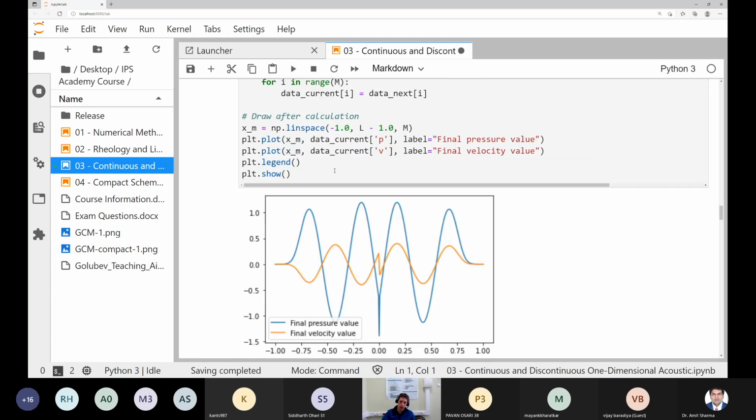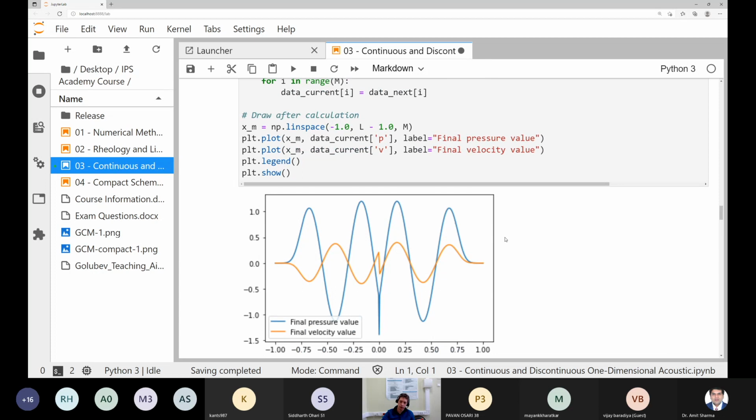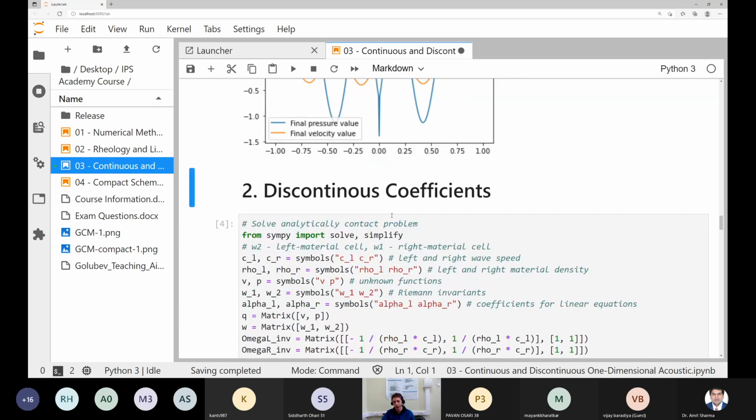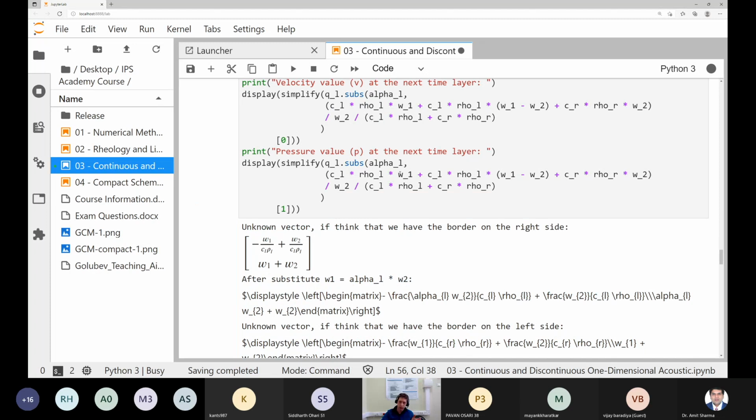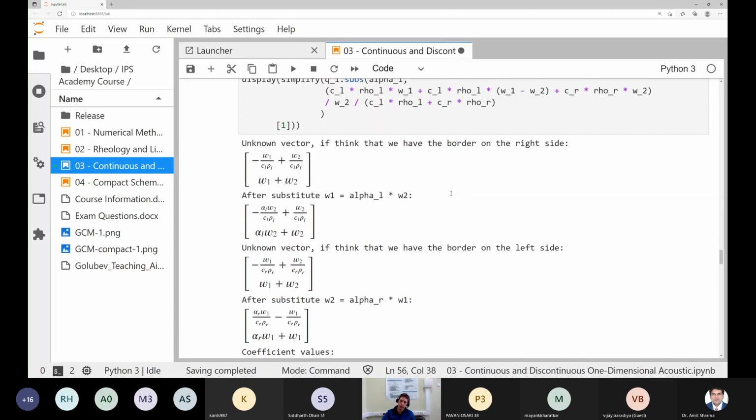And you can see here we don't have initial conditions, and you can see the initiation of waves inside the homogeneous medium. And finally, if we are speaking about the discontinuous problem, you can see here all the mathematics that I explained previously with the whiteboard. This is omega at the left part.